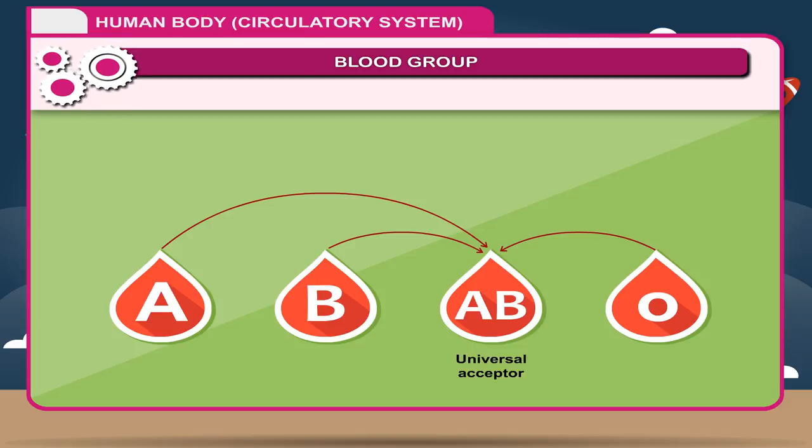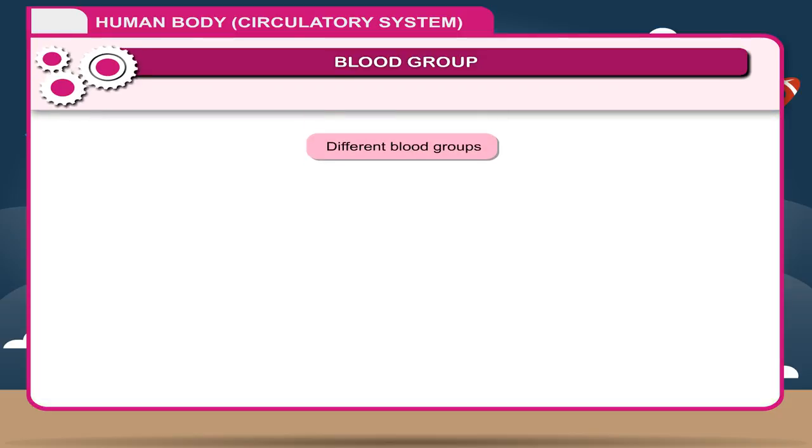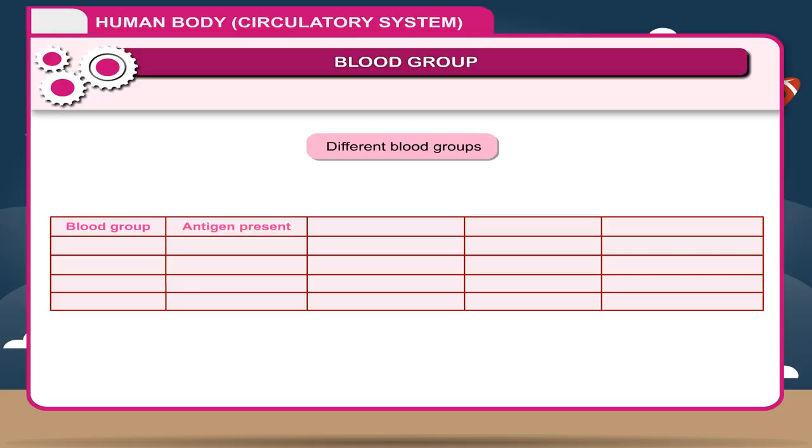Each antigen produces one antibody in the blood. All foreign bodies or germs act as an antigen. Antibodies are present in the serum of the blood. Different blood groups. Blood group, antigen present, antibody present, can donate to, can receive from.